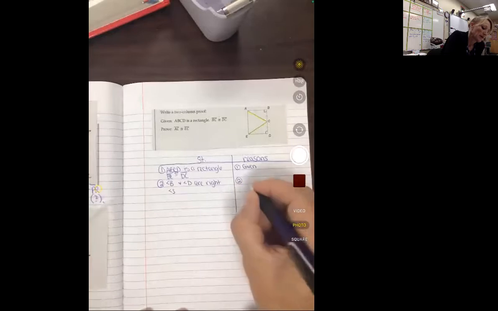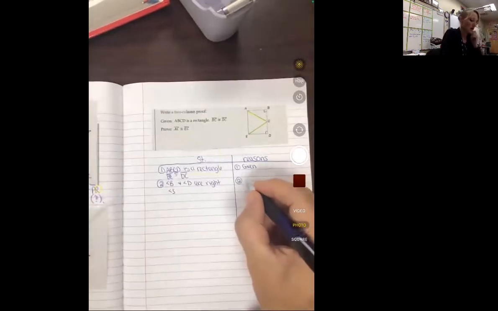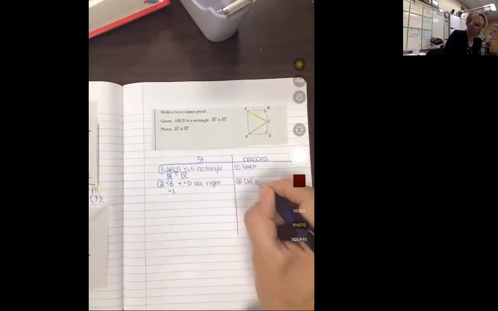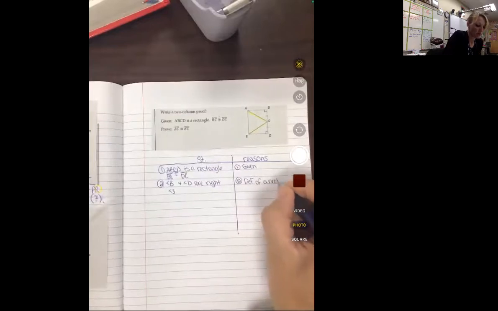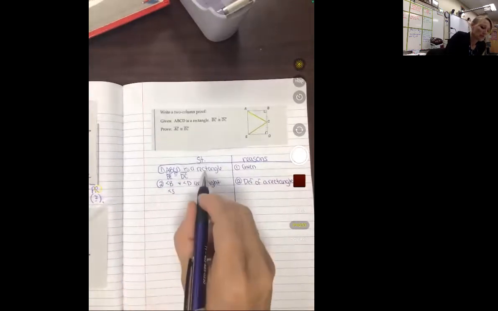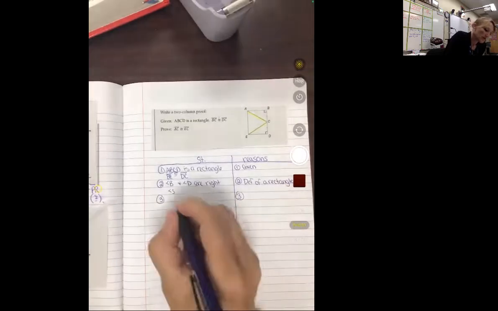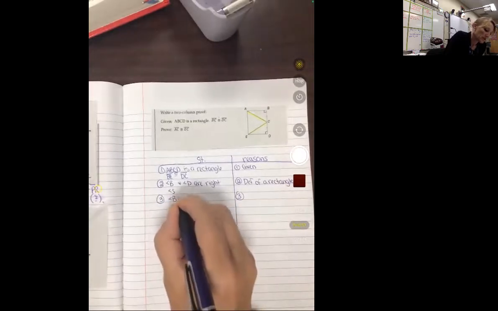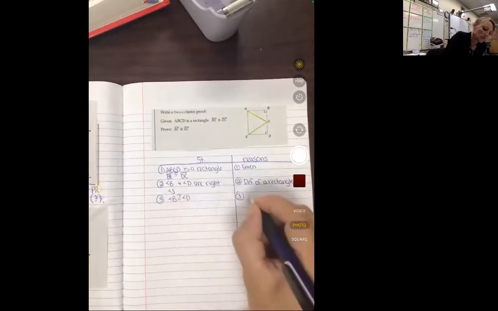And I can say that because of definition of a rectangle. Definition of a rectangle is a parallelogram that has 4 right angles. And we know that it's a rectangle. And then I can say that angle B is congruent to angle D because of right angle congruence theorem.